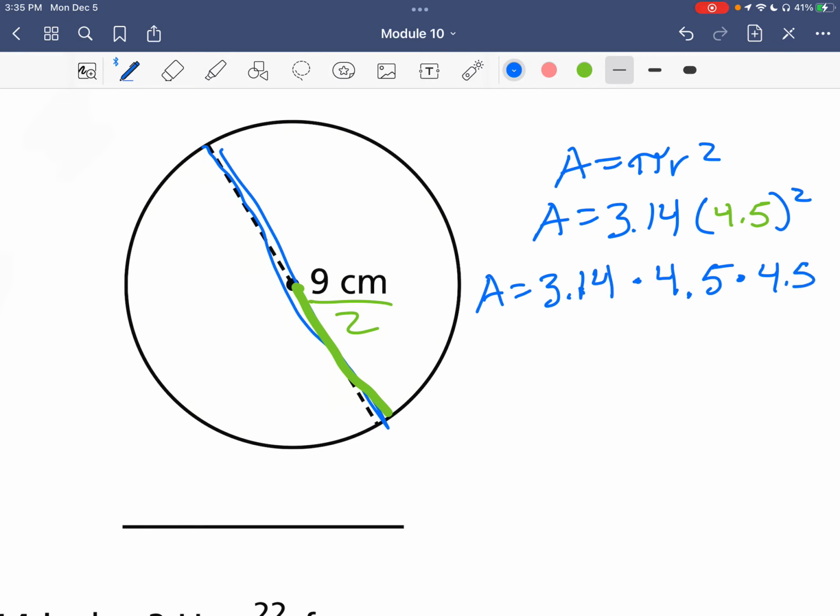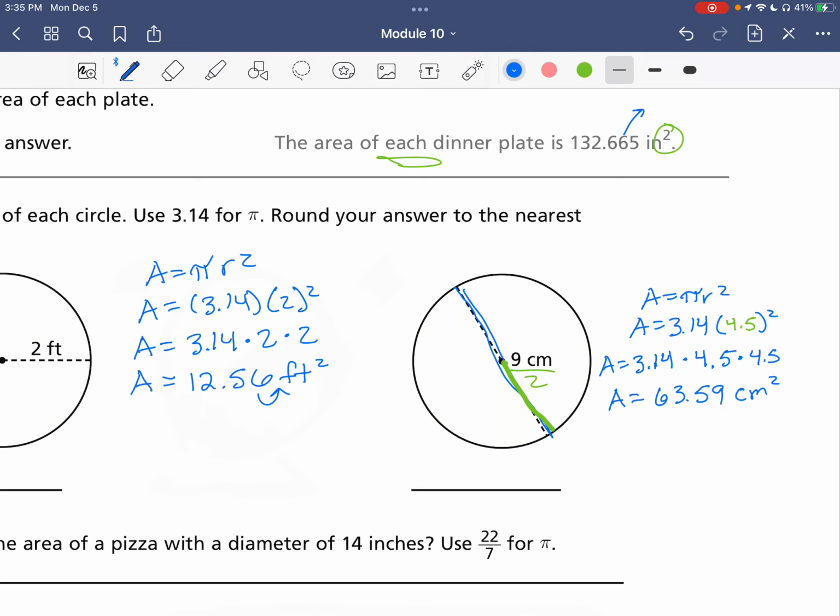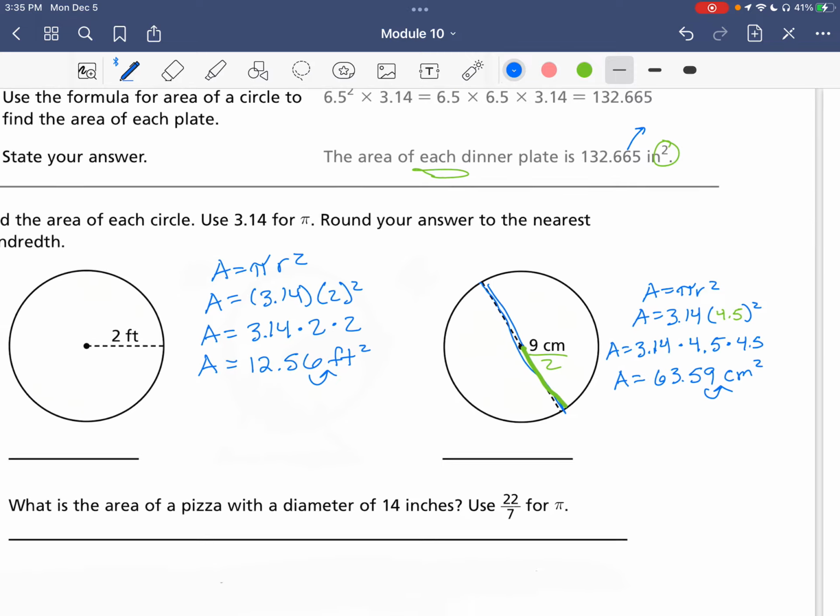All right, here we have 63 and 59 hundredths centimeters squared. Make sure you are rounding to the right hundredths place for each of these. So that means looking to the thousandths place, whatever that number was next to it, and going from there.